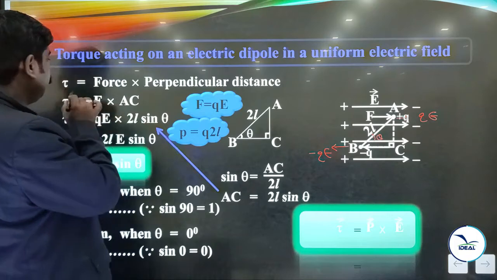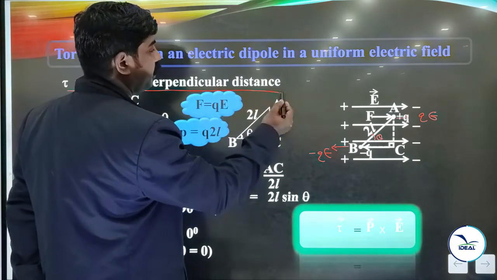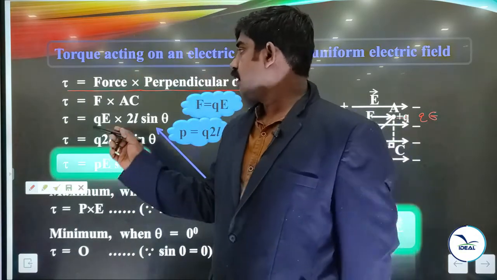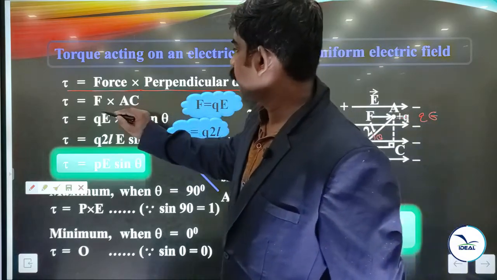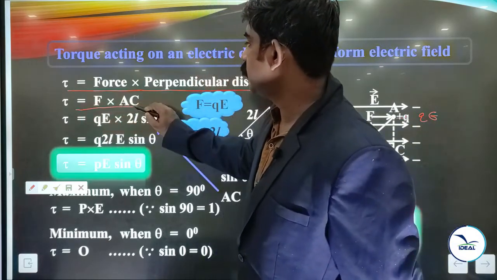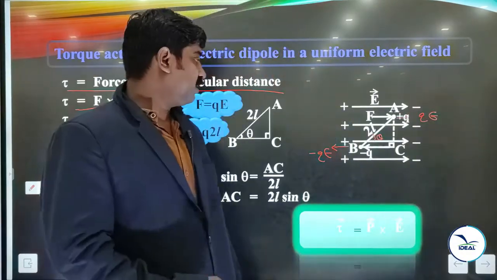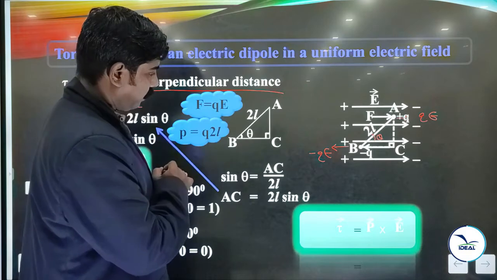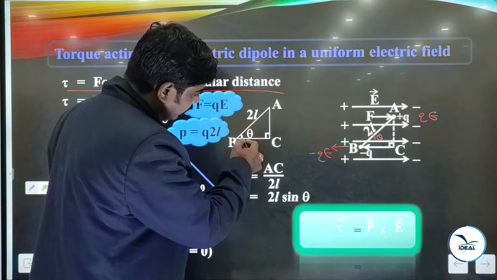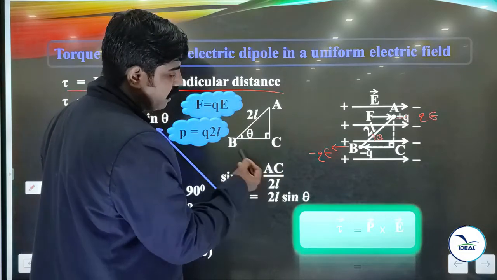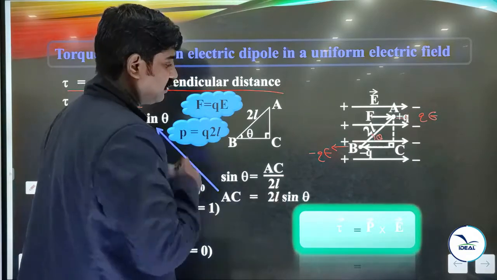Torque is force into the perpendicular distance, which here is AC. From the triangle, sin theta is equal to AC by 2L, so AC is equal to 2L sin theta.